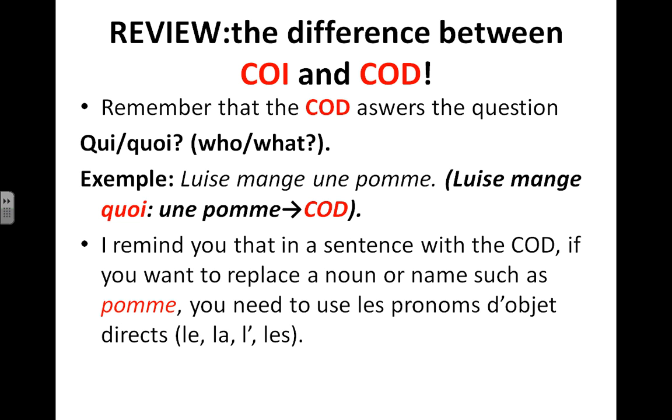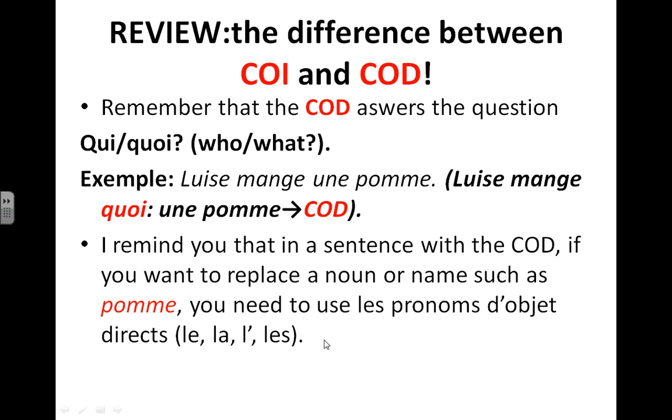I wanted to remind you that the COD is meant on purpose to replace a noun or a name in the sentence, so as not to be redundant. Remember we did it in the past. So pomme in this example, if you want to replace it, you need to use one of these pronoms d'objet direct, here in parentheses: le, la, and l'apostrophe les.